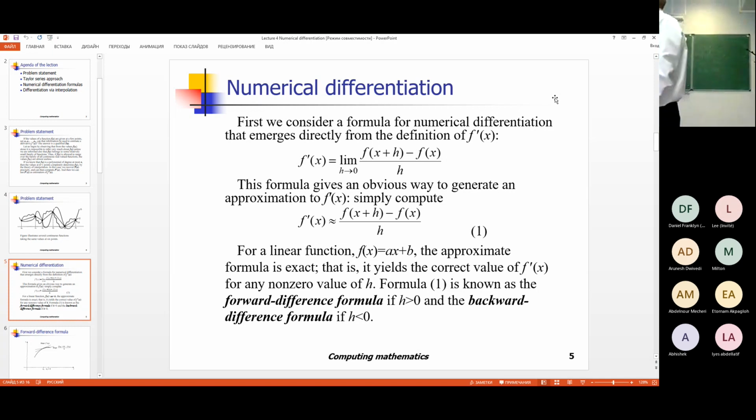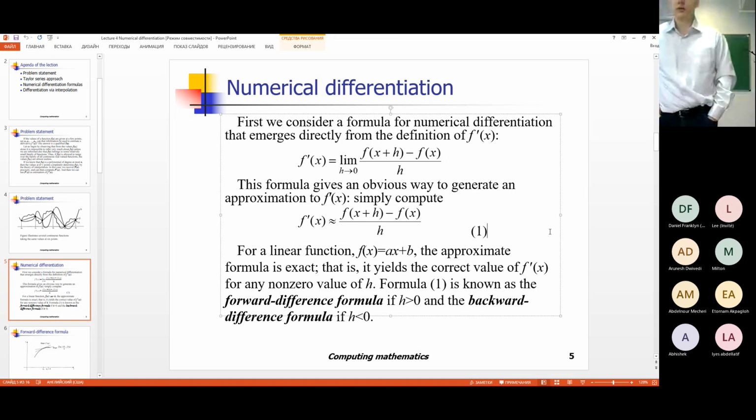If the function is not linear, this value will not be exact, but some approximation of the real value. You see that in formula number 1 it's written as approximately equals f of x plus h minus f of x over h.